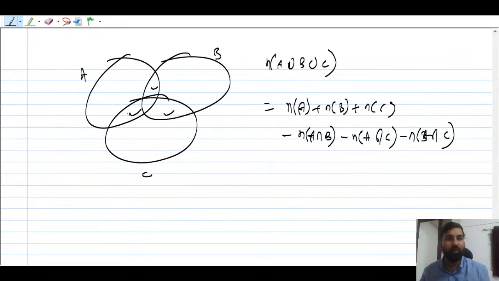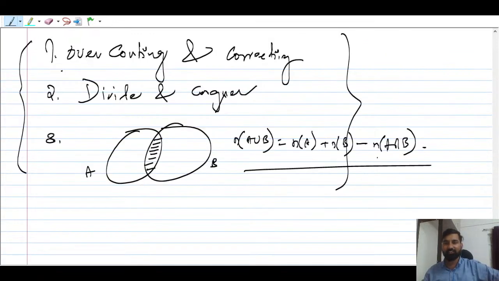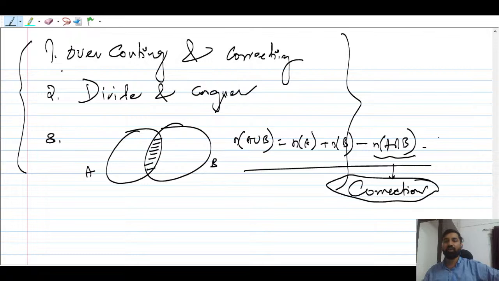Because you have done over counting and you are just correcting it. These are the corrections. Over counting and correcting is the rule that we are performing.